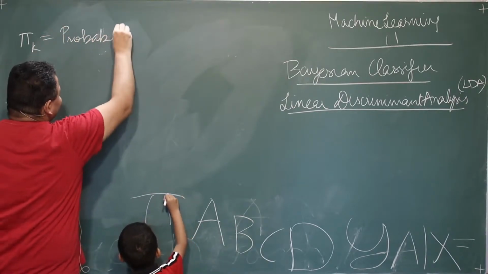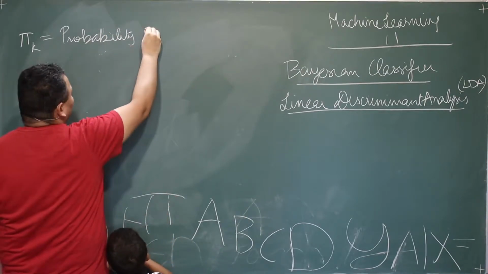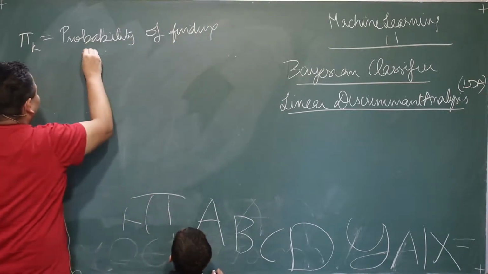Pi k is a symbol that we give to the probability of finding class k.